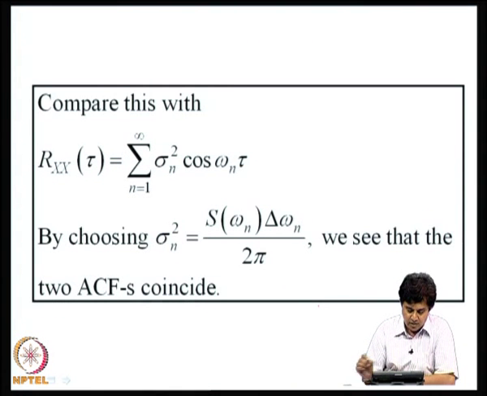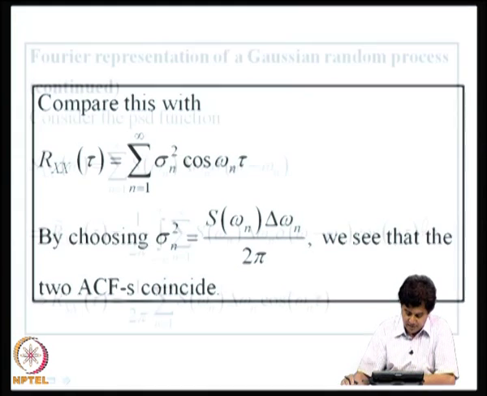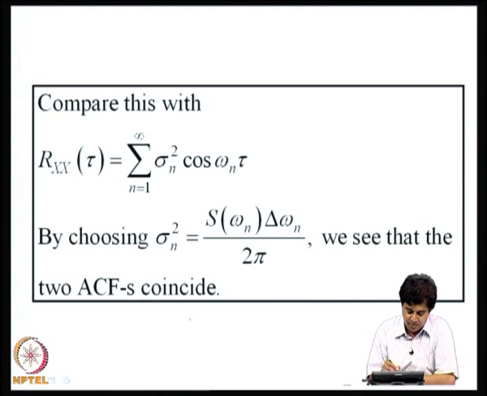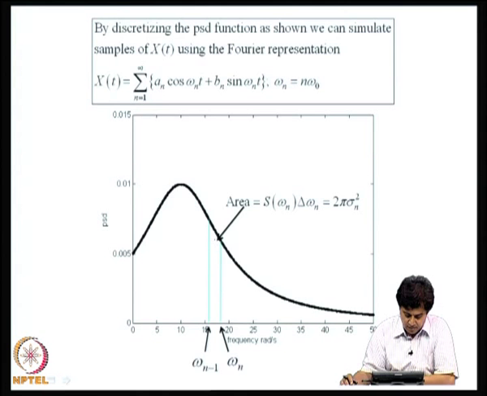Now, let us compare this with the autocovariance of x of t that we just now obtained. We had the sum over n equal to 1 of sigma n square cos omega n tau, and in this case if I put S omega n delta omega n by 2 pi as sigma n square, you can see that the two representations are identical. Okay.